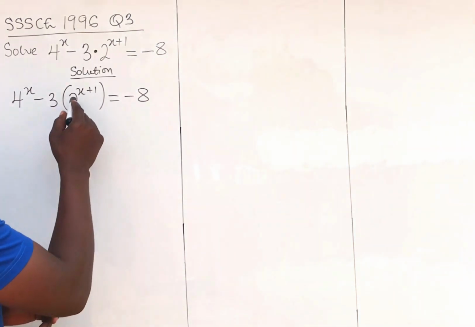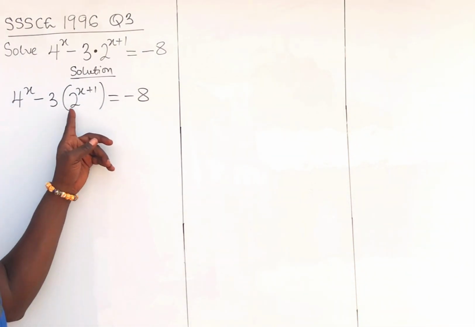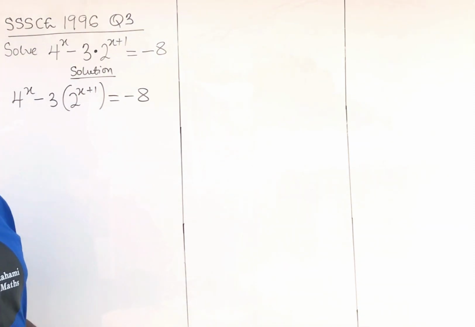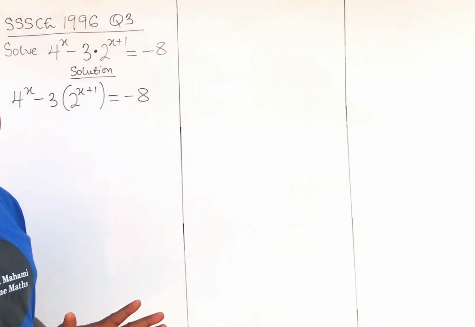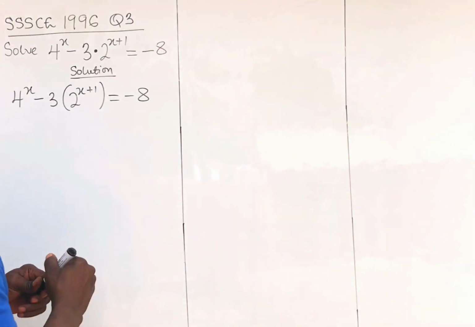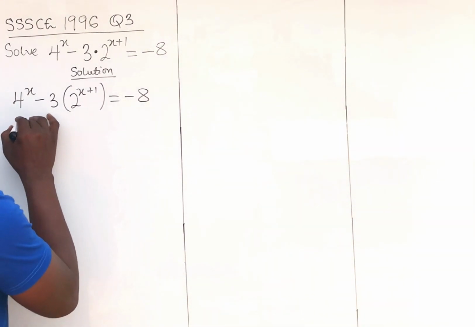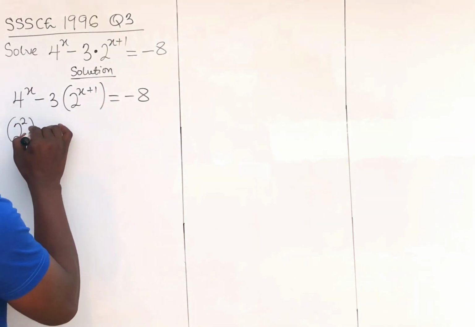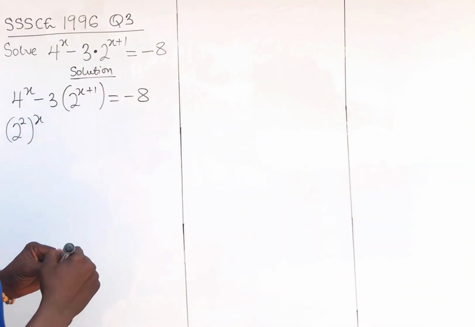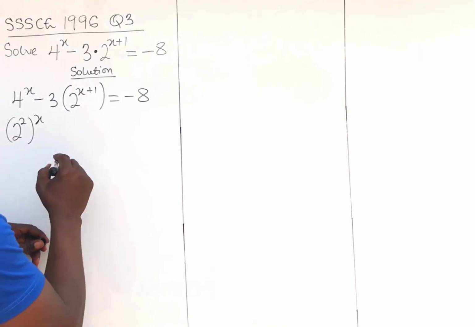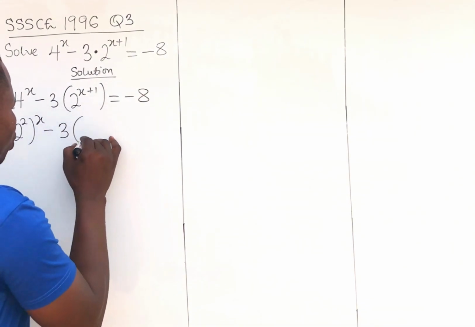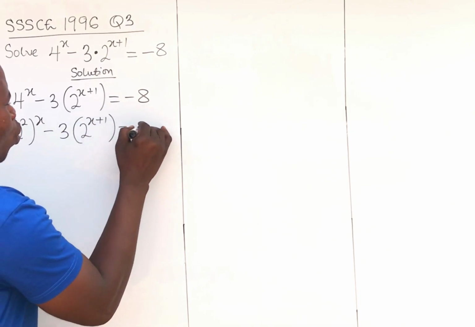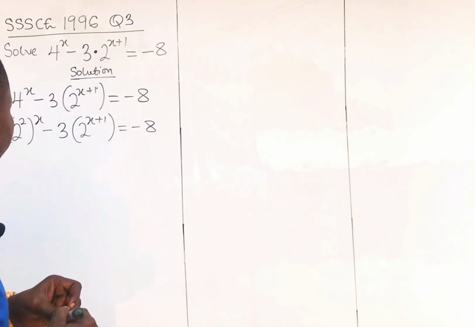After this, you look at this base, which is the smaller one, which is 2. But here the base is 4. So we are going to convert 4 into base 2. That is 2 square means 4, 2 times 2. Then we'll bracket it this way and bring our exponent x minus 3 into 2 exponent x plus 1 is equal to minus 8.